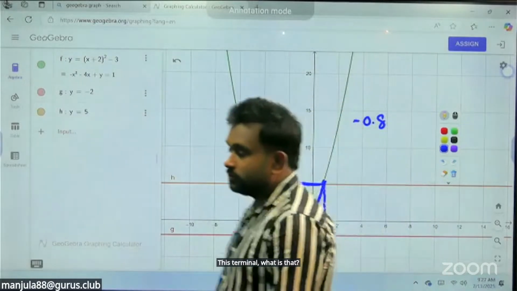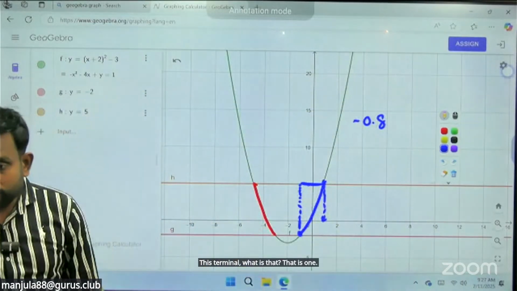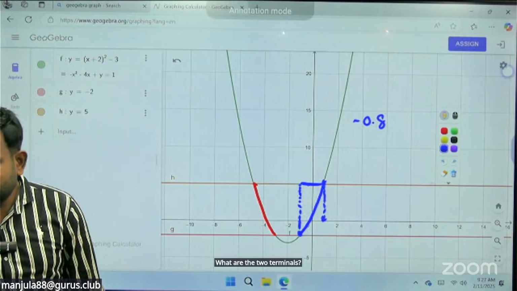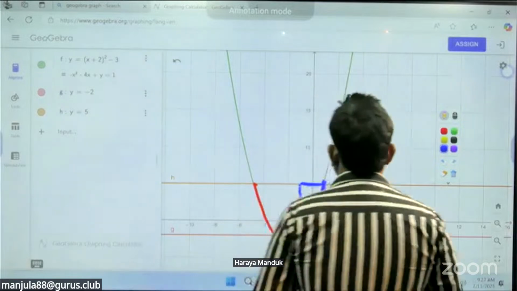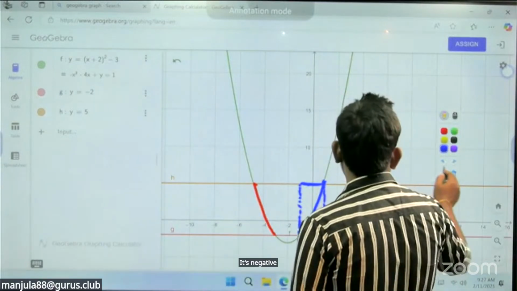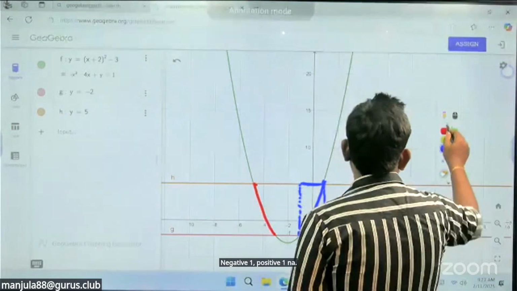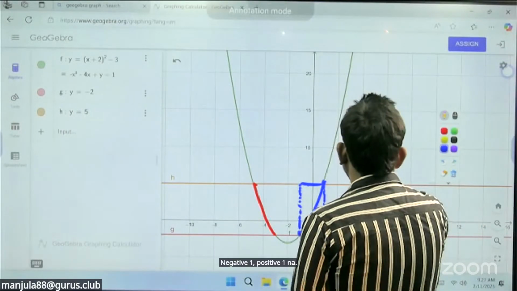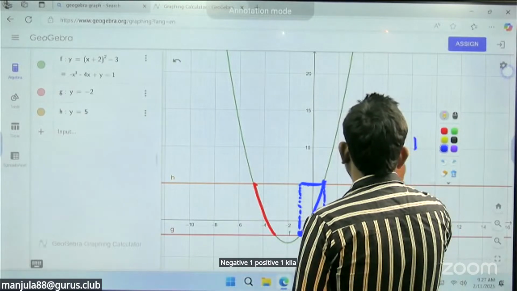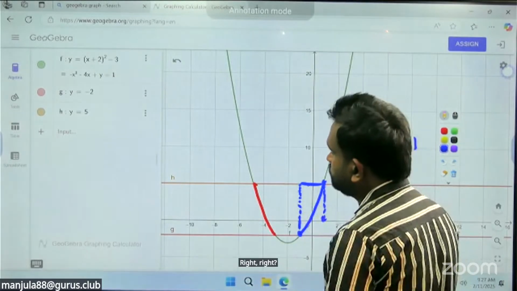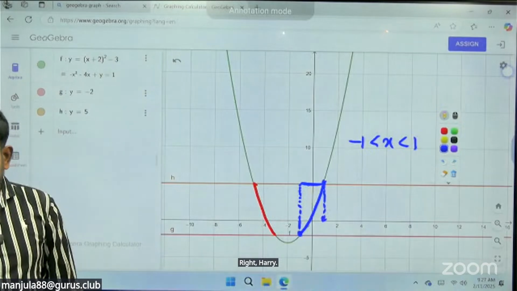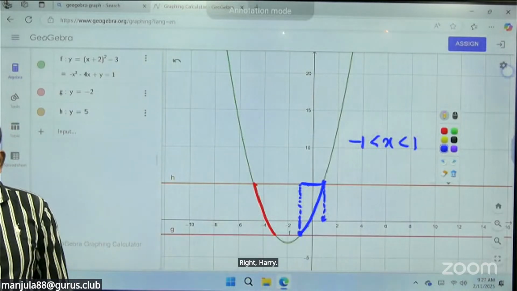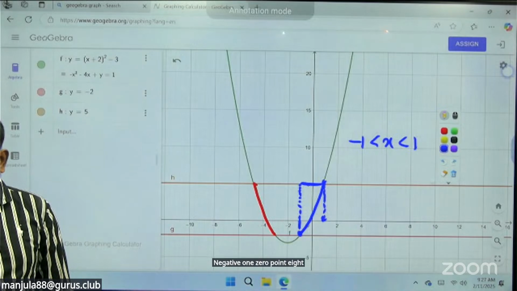That is 1. What are the two terminals? If drawn exactly, it shows -0.1 and +1, right? Check -1 and +1, that is what it shows. We can also solve it and check if we want. Okay, -1, 0.8, let's see.